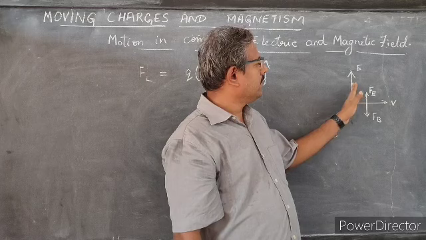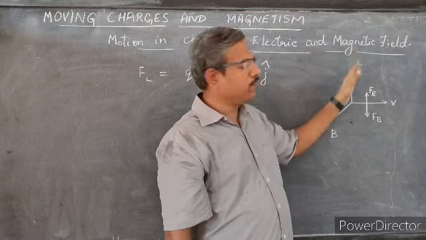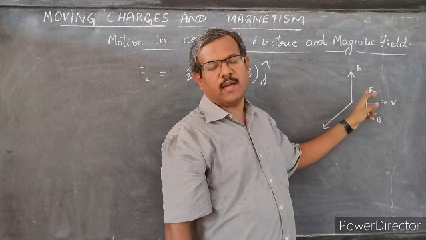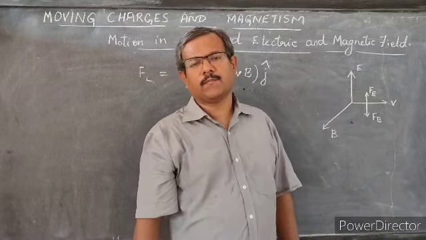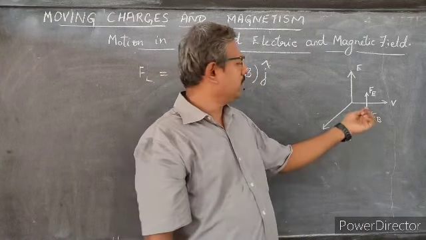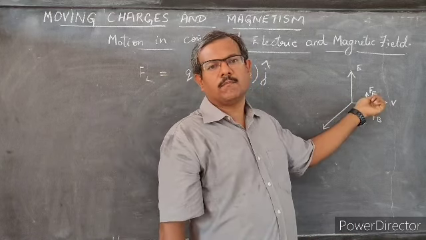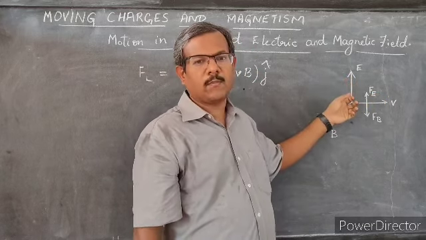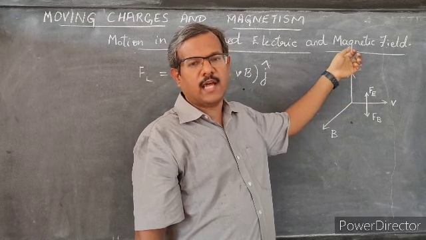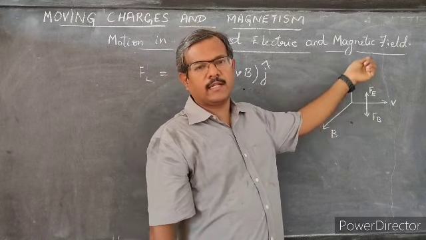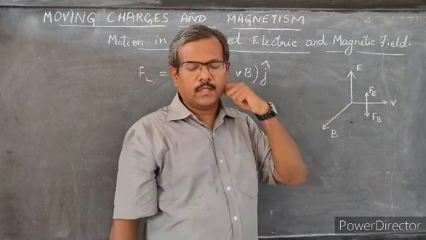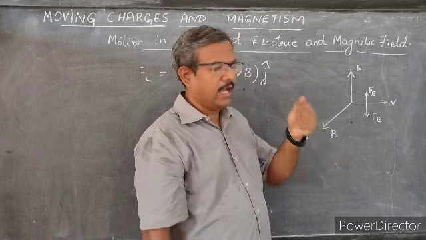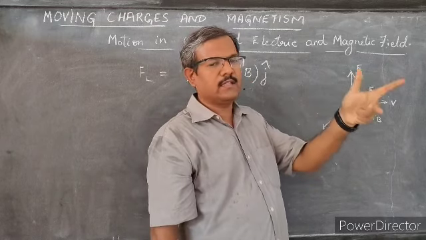So if the electric field is going upwards, obviously the force being felt will be in this direction. If I assume the particle to be, let's say, either an electron or a proton, if you are taking a proton, then since the electric field is from the positive charge towards the negative charge, obviously the proton will be attracted towards the top. Now if it's also a proton and there's a magnetic field in this direction, I use my Fleming's left hand rule.